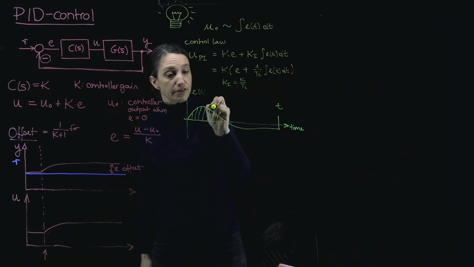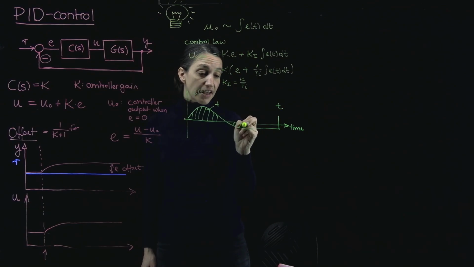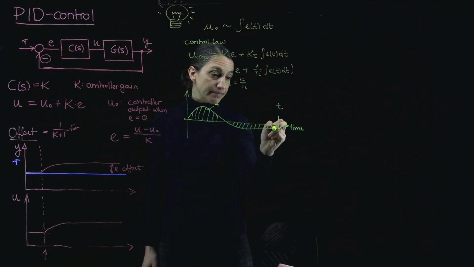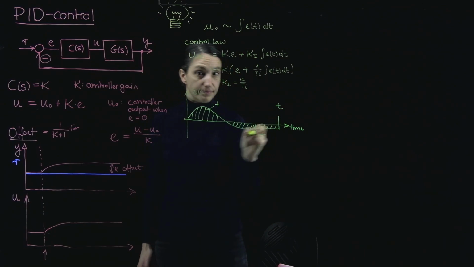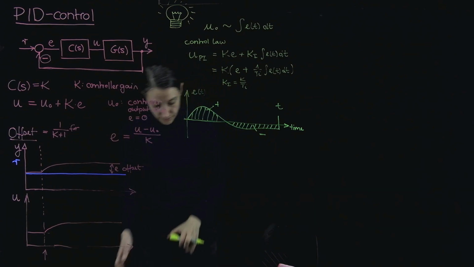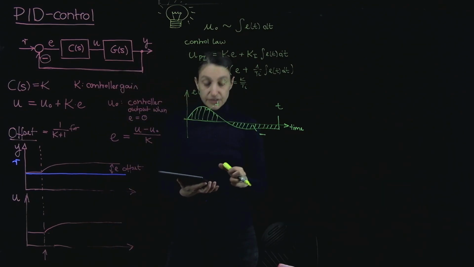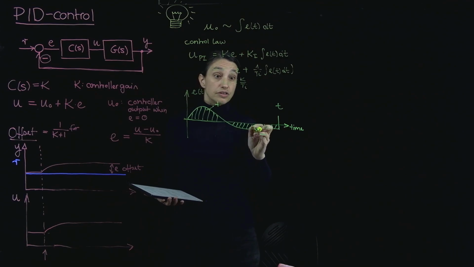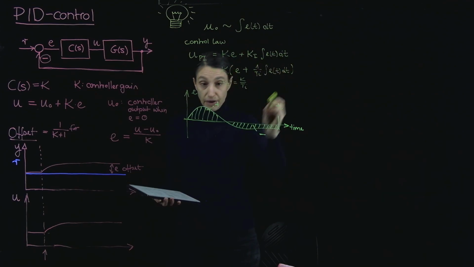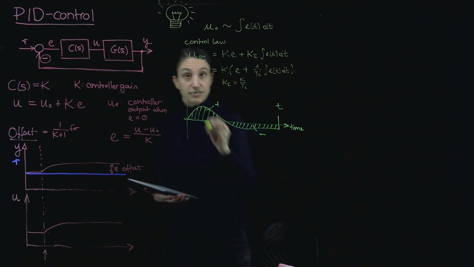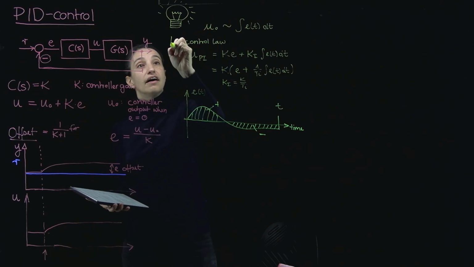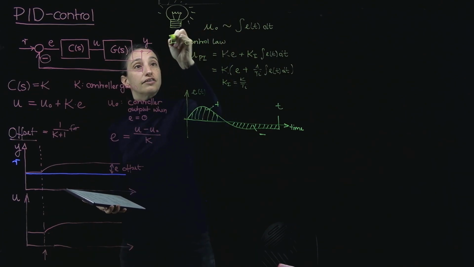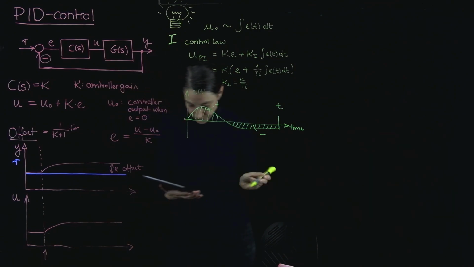This one here is positive, and this area here is negative. So now this area is proportional to the integral part, and this is our integral action. So everything here in yellow is the I part of the PID controller.